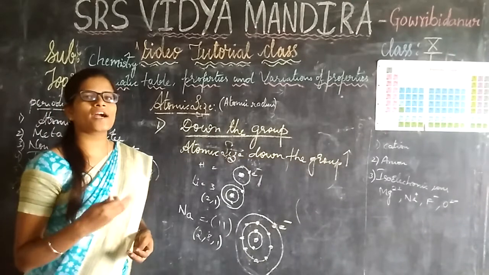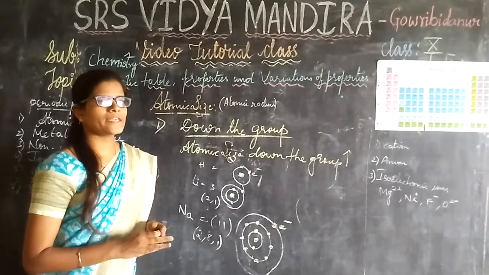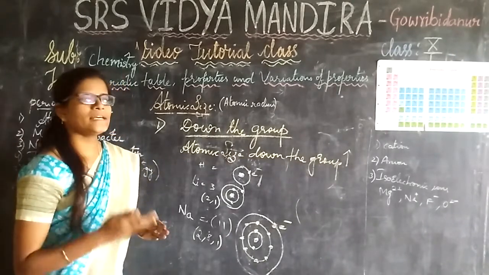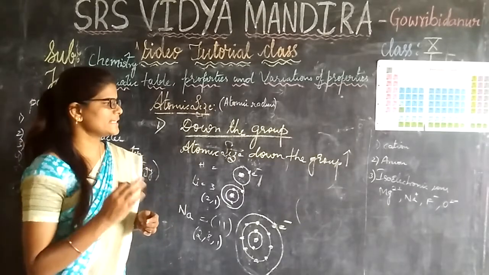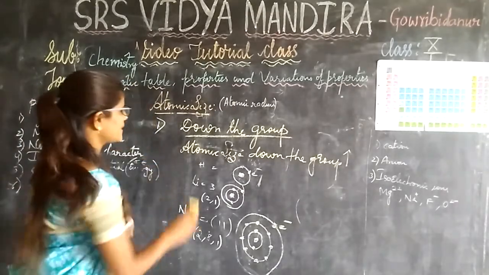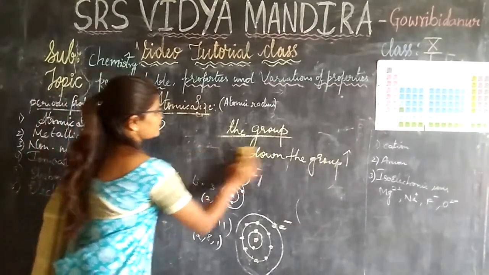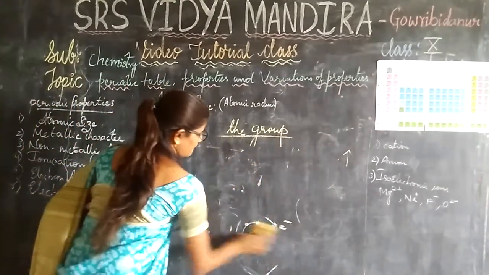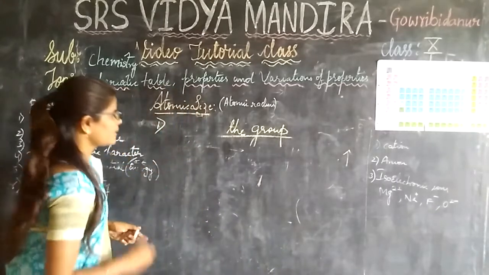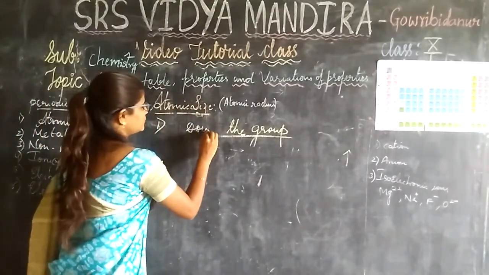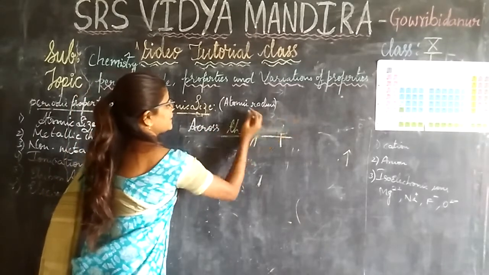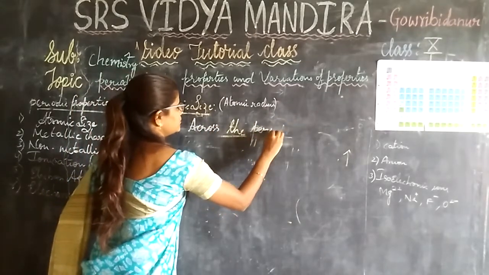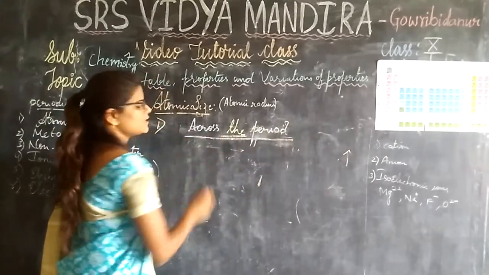What happens across the period? Across the period, the atomic size decreases. Example.